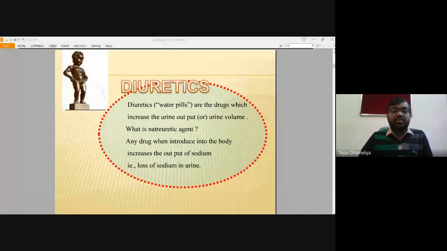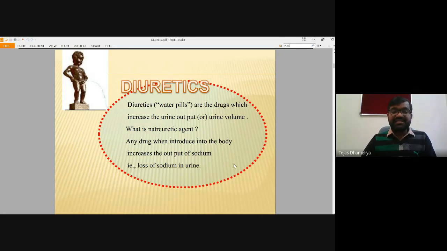So diuretics are known for reducing the content of afterload and preload related to heart disorders, and also they are useful in hypertension, because if you want to use these substances as antihypertensive substances, then these are a good choice of drugs.